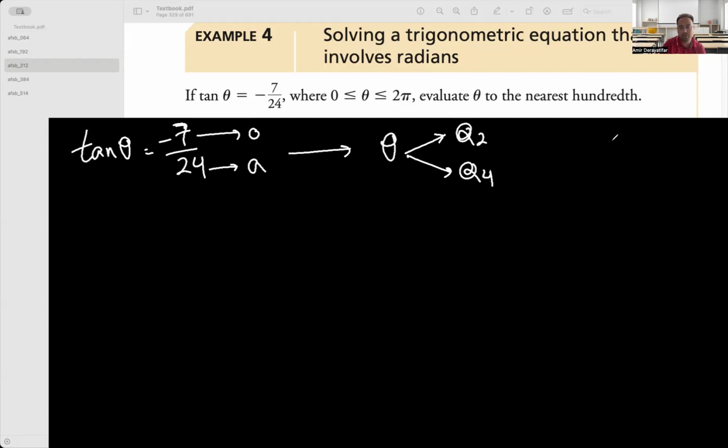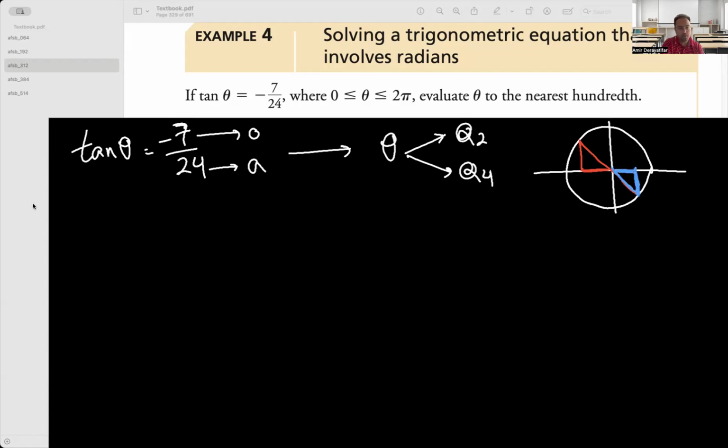So if I want to draw my unit circle, something like that, my solution should be somewhere in quadrant 2 or quadrant 4. I go perpendicular to the x-axis. So I'm going to have this red triangle here, or in quadrant 4, this blue triangle here, right?